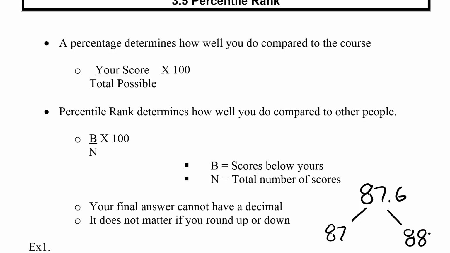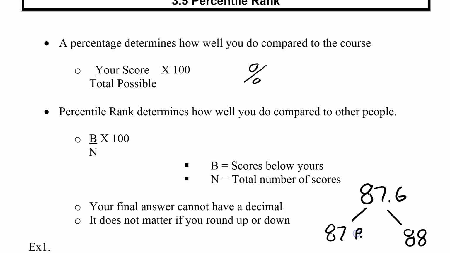Now another thing about percentile rank is our unit. In a percentage, our unit is a percentage sign. No problem. And a lot of grade 12 students love to put a percentage sign after these. But they'd be wrong. It's not a percentage, it's a percentile rank. So what do we use as a unit? Well, we've got some options.